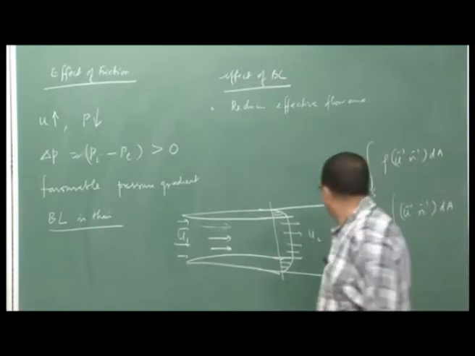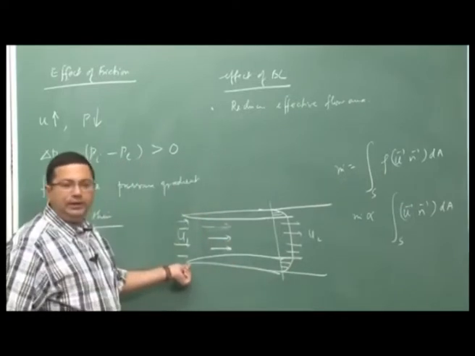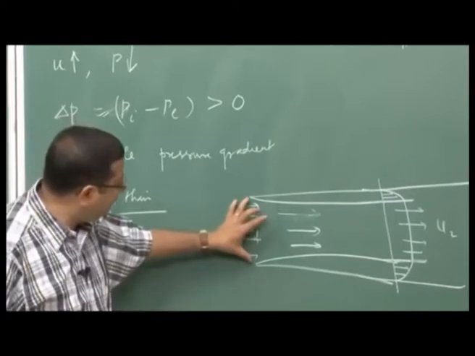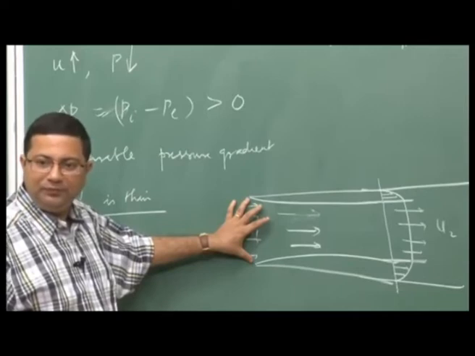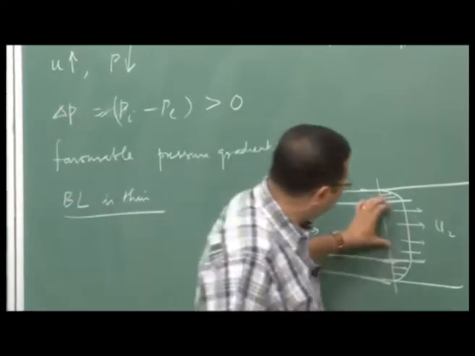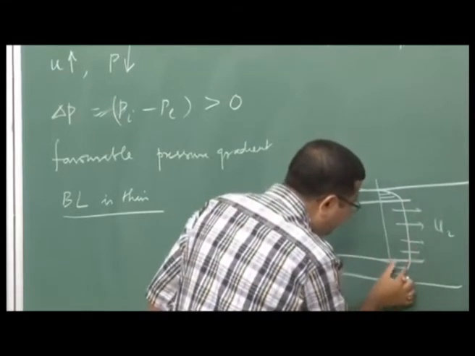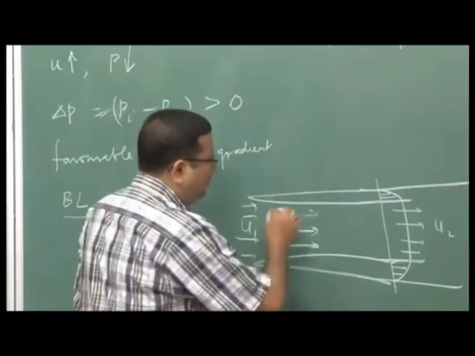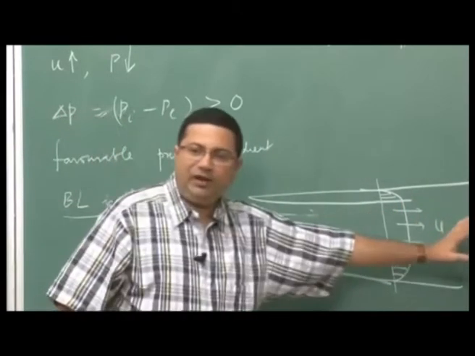Right. Now, let us look at this and this. At this point the velocity is uniform, it is covering the entire area. So, the effective flow area is more, right, whereas at this point only through this you have uniform flow, here the velocity has reduced. Now, from the continuity equation there is no accumulation of mass here.